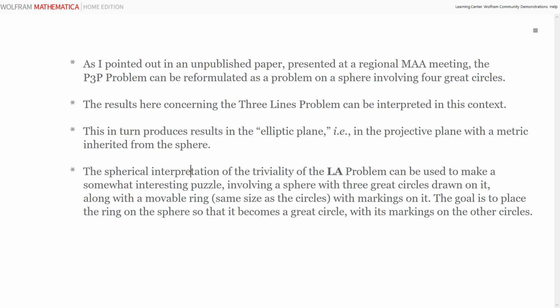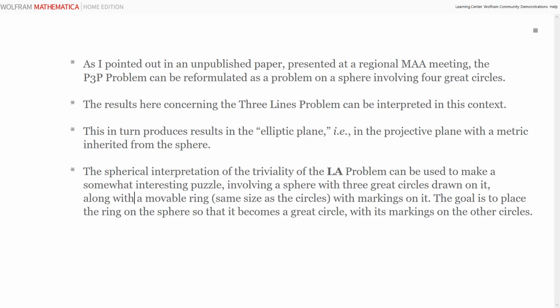I'll close by saying that I've come up with a little puzzle. I like to think of it as a puzzle, but it's a mathematical fact, because I've proven my claims about the LA problem. So first of all, here's the puzzle. The puzzle starts with a sphere, and you draw three great circles on the sphere.